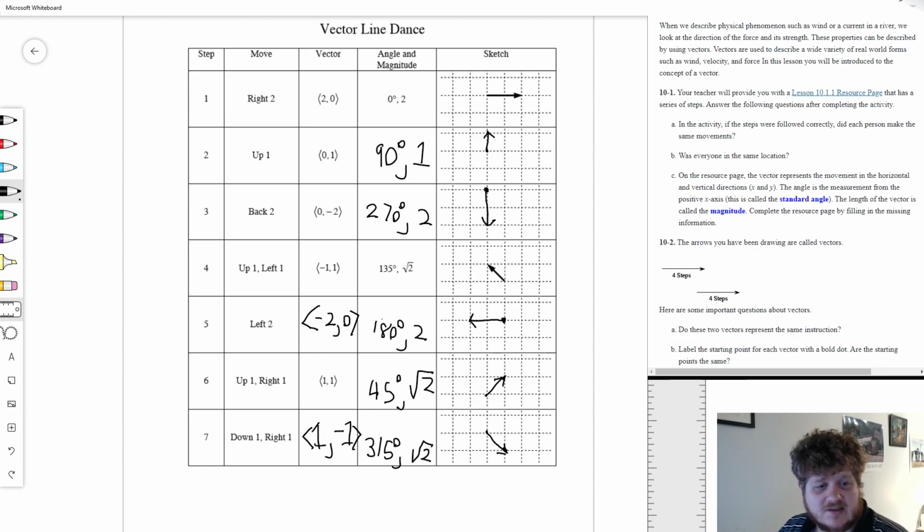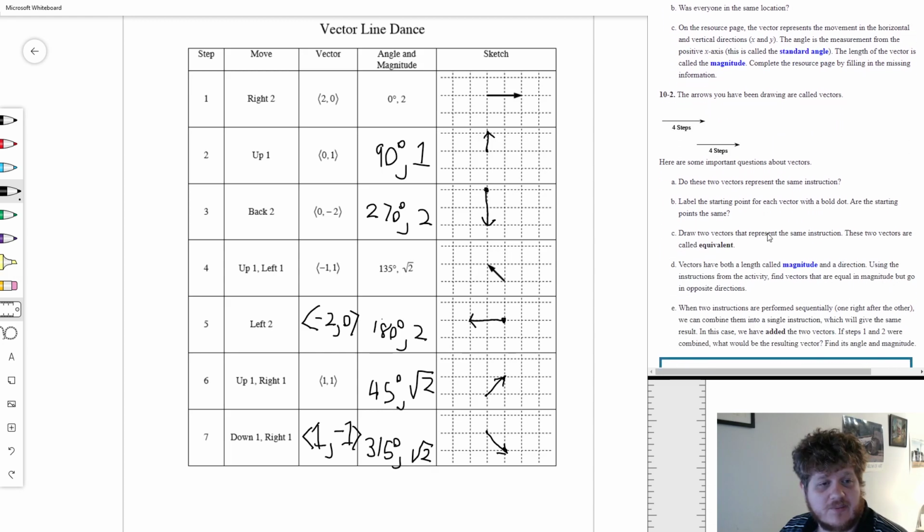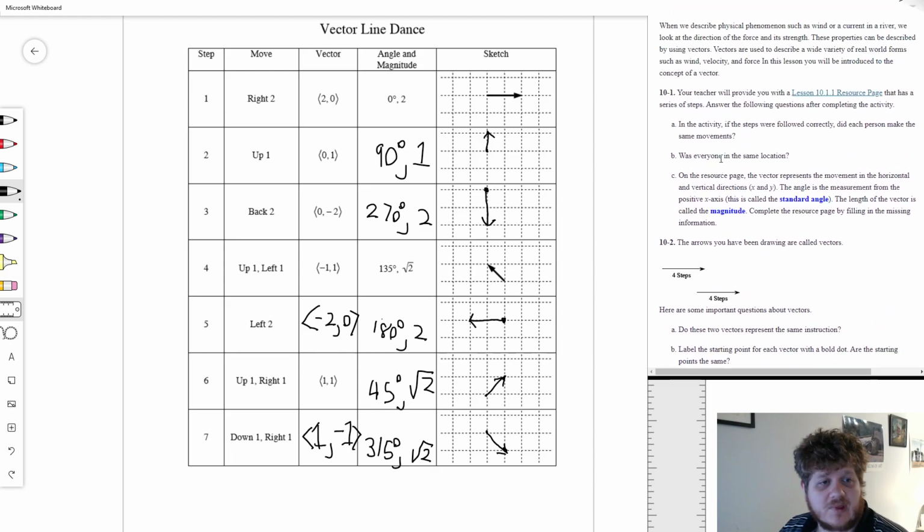And so with this, there's a few things we can do. If you were to actually do this, your sketches might be different than mine. You might have put yours in a different place, because one of the things that vectors don't care about is position. They only care about displacement.